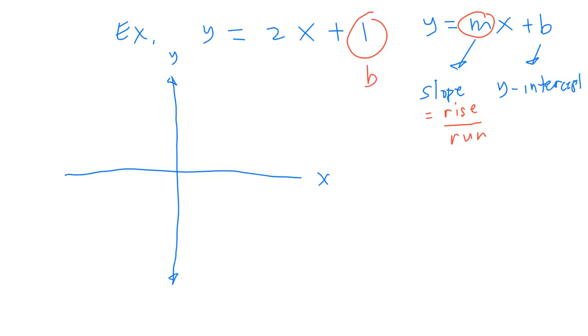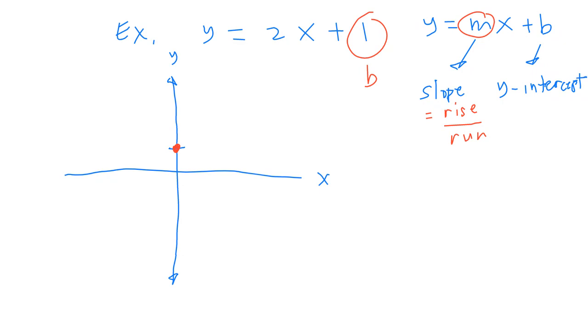So it's right here. This is our first point. Let's mark that one. It's the intersection of the line and the y-axis. That's the y-intercept.